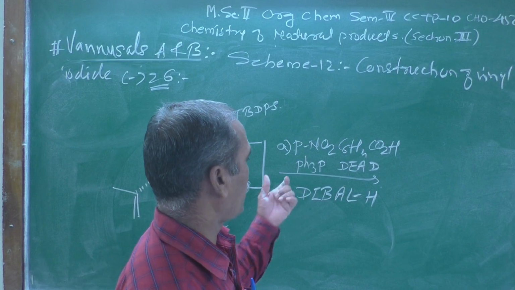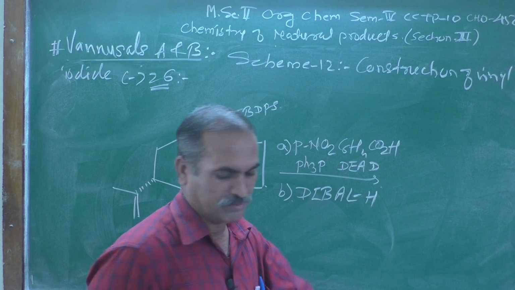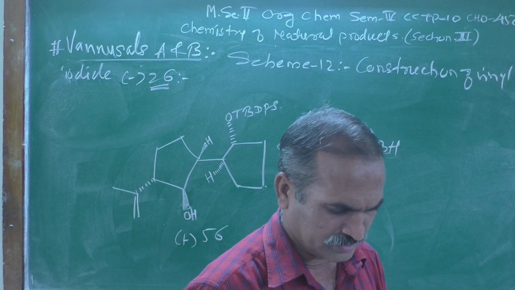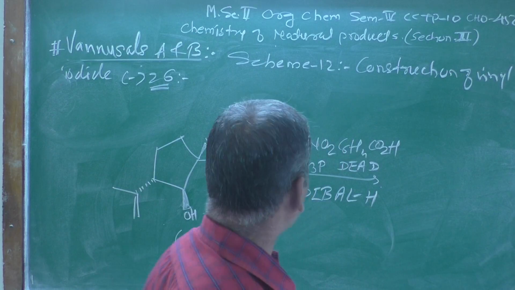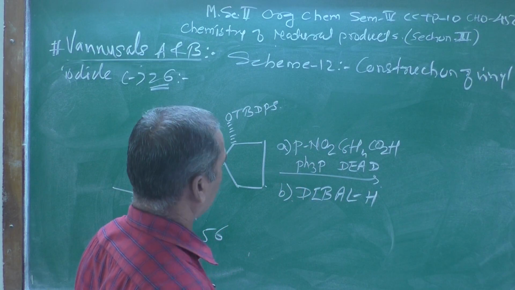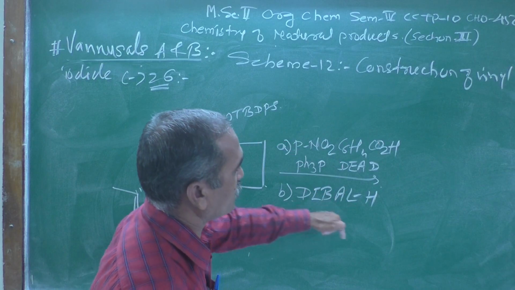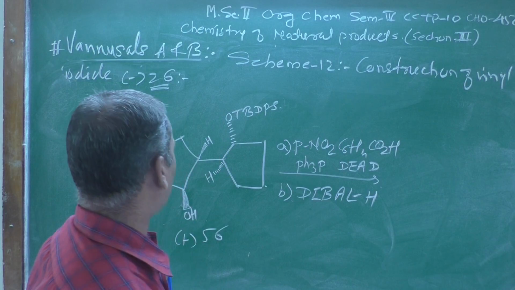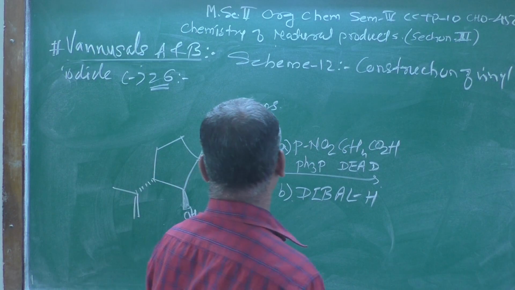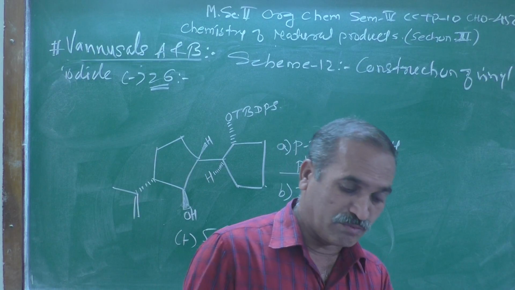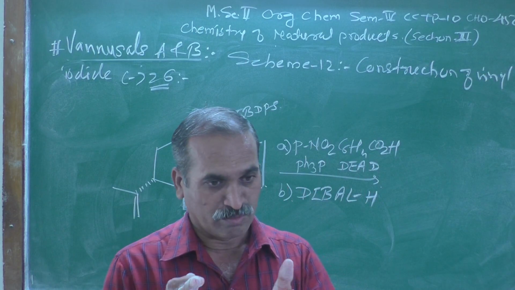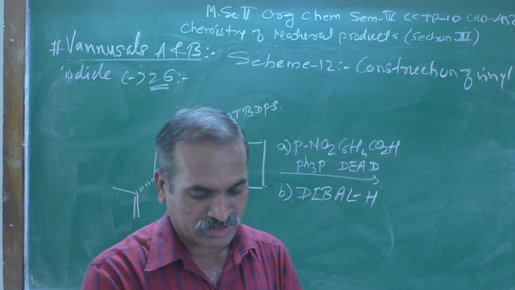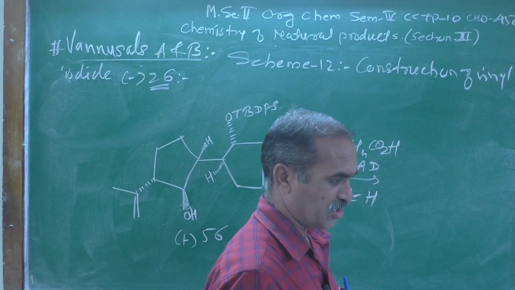DIBAL, as we know, is diisobutylaluminum hydride, and after the addition of all these reagents, the inversion of this hydroxyl group takes place, and this type of reaction is known as the Mitsunobu reaction, which we have discussed in our previous lecture in detail.